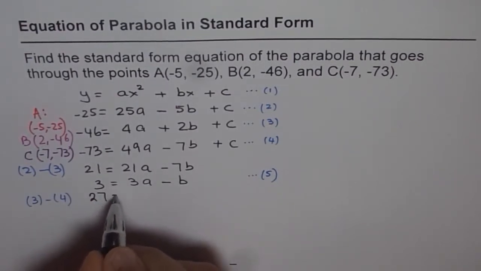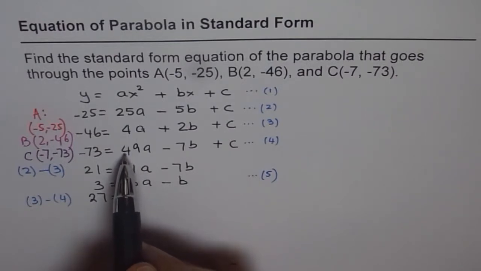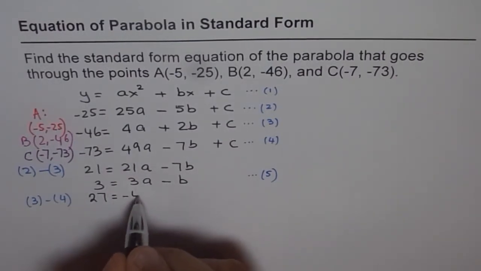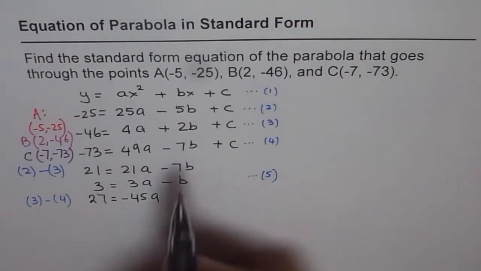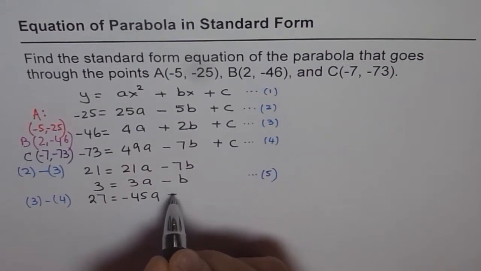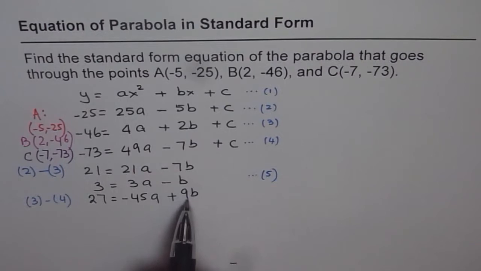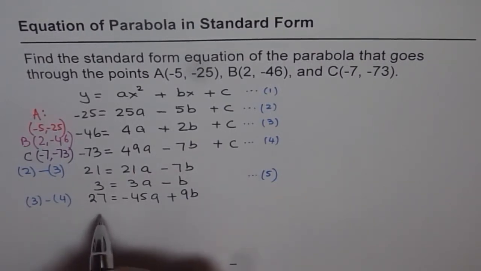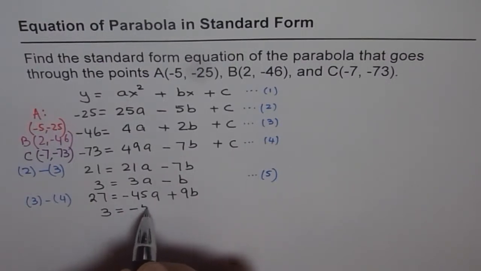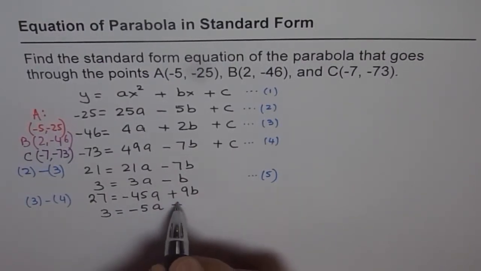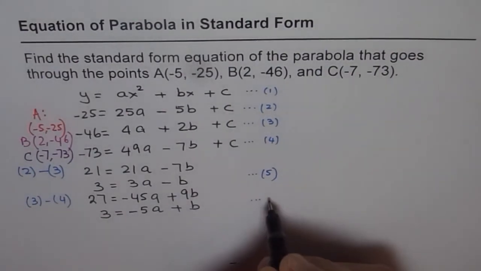So we get 27 equals 4a minus 49a, that means -45a, and 2b minus (-7b), which is 9b. So we get plus 9b, and this can be simplified by dividing by 9. Let's divide by 9 and get a simplified equation as 3 equals -5a plus b. Okay, so what do we have here? This is the sixth equation.